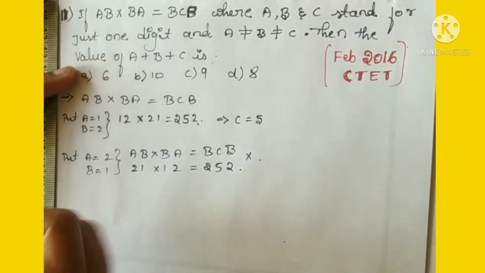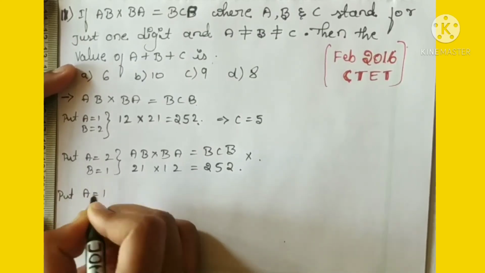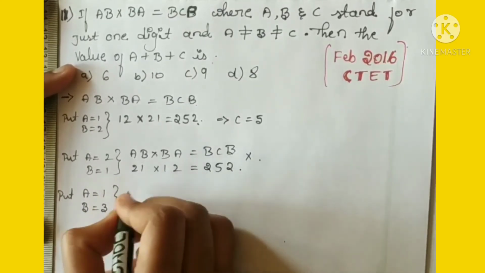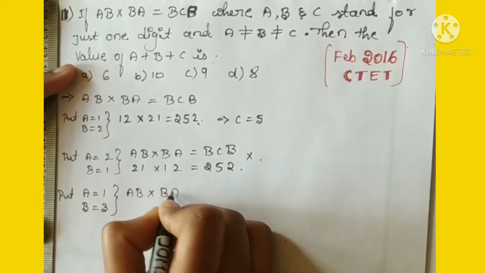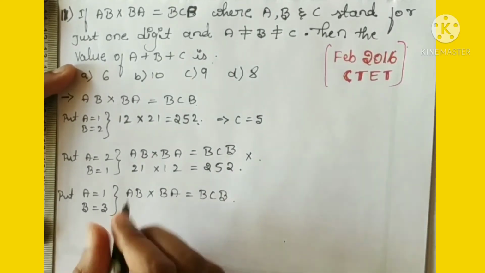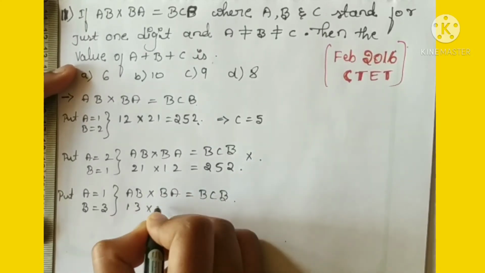Suppose if I consider one more values, put A is equal to 1 and B is equal to 3. Then AB into BA, which is equal to BCB. Now I just substitute 13 into 31.